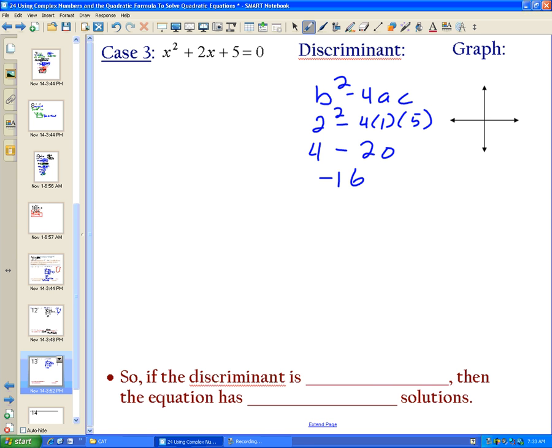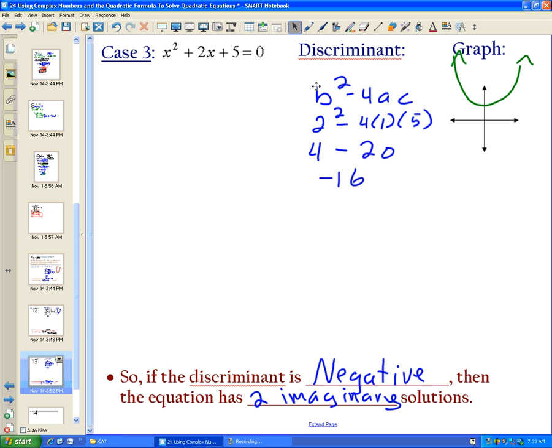My discriminant is negative, so if the discriminant is negative, then the equation has two imaginary solutions. How does that graph? That graph is going to come down and never touch the x-axis. All my solutions are imaginary. I never cross my x-axis, so I never have any real solutions.